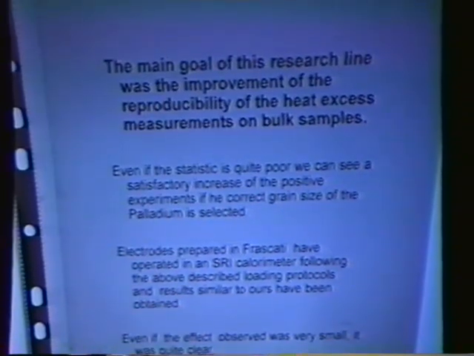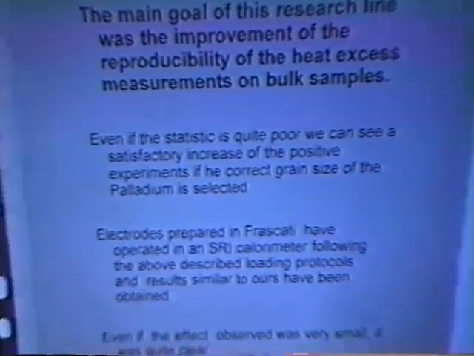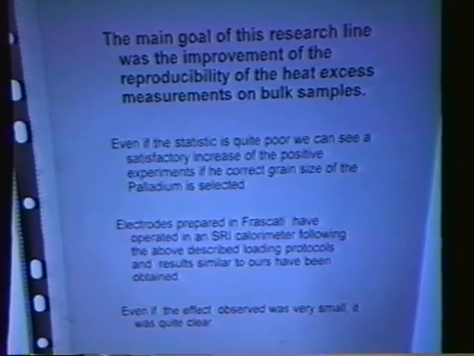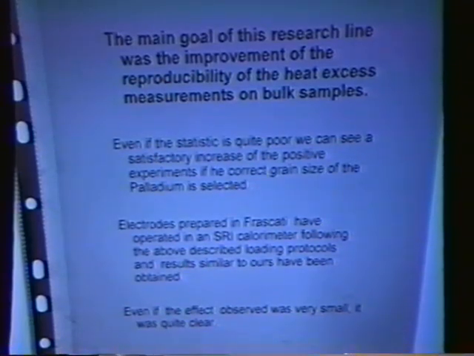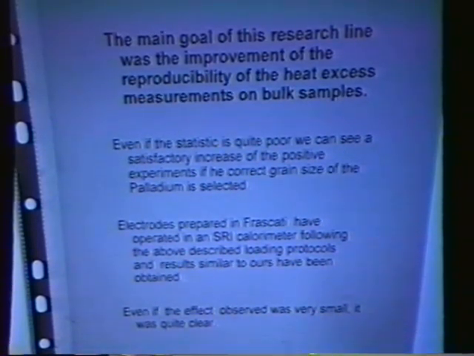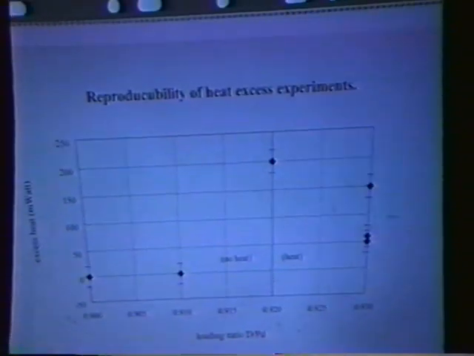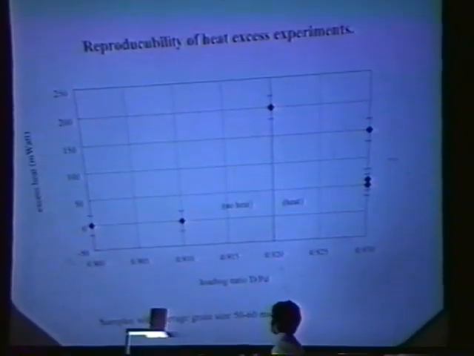But the main goal of this research is to improve the reproducibility of ICCF experiments. So we did some experiments to prove if a good reproducibility corresponds to a high loading ratio. The statistics is very poor, but we obtain a significant improvement in the reproducibility.